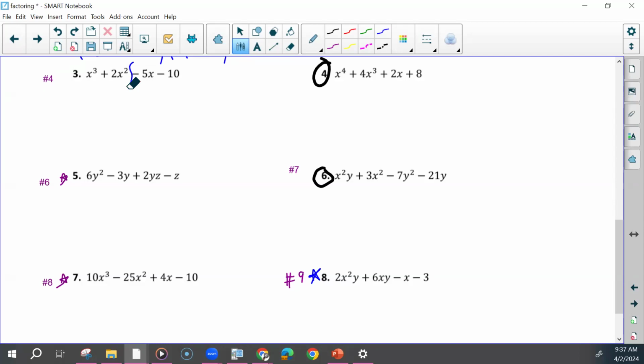Split it down the middle. What's next? Okay. They both have x squared in common, so if we divide out x squared, what's left?